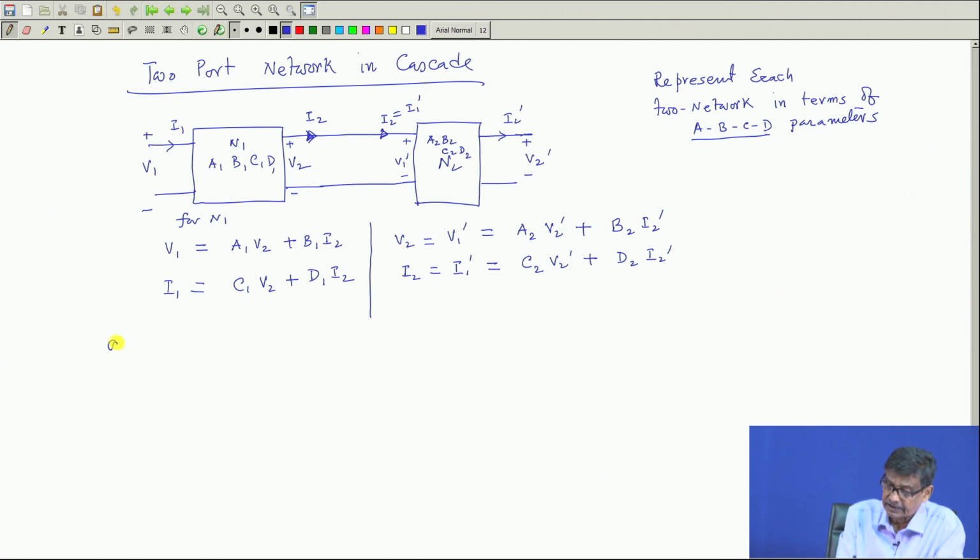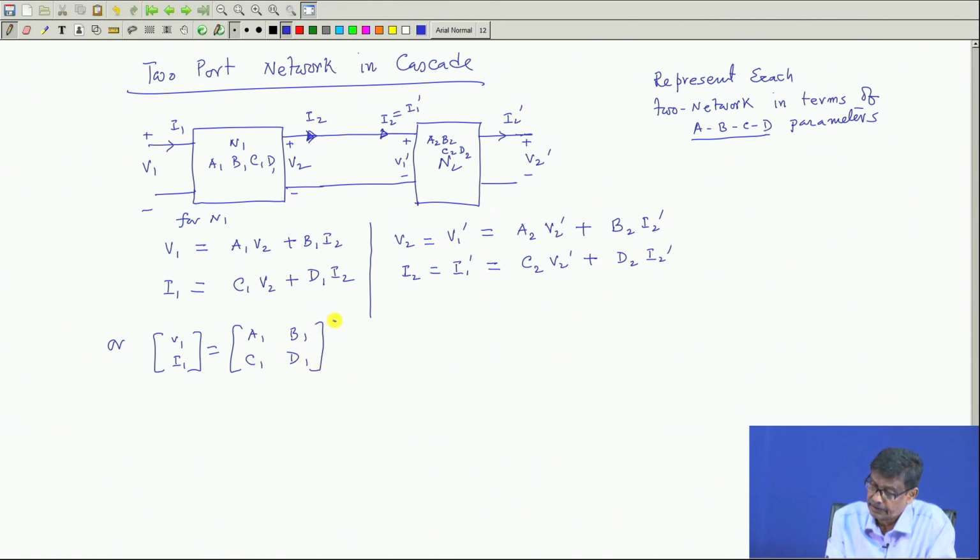So, here first I write V 1 I 1 is equal to the matrix A 1 B 1 C 1 D 1, and here we write V 2 I 2.